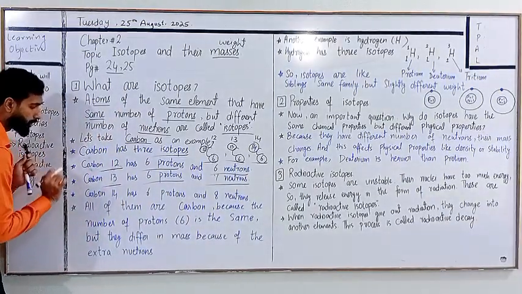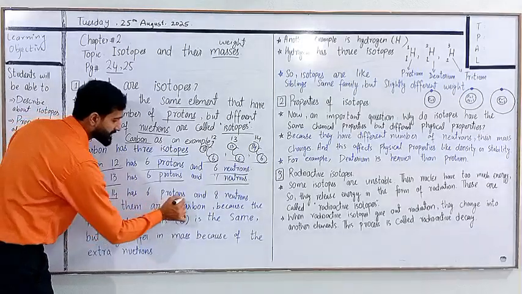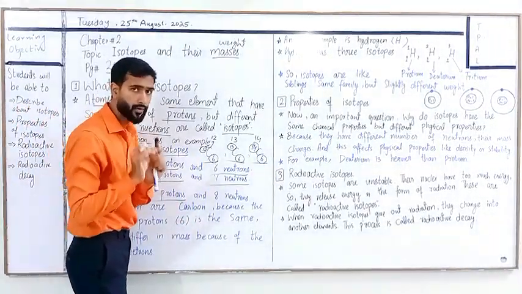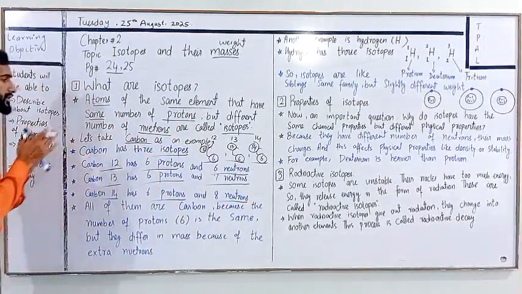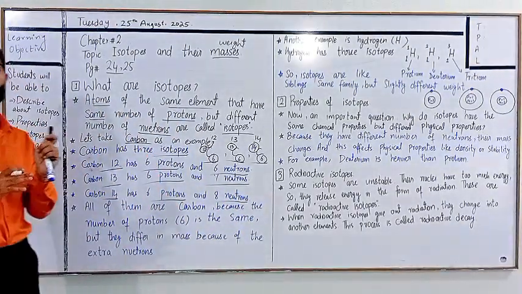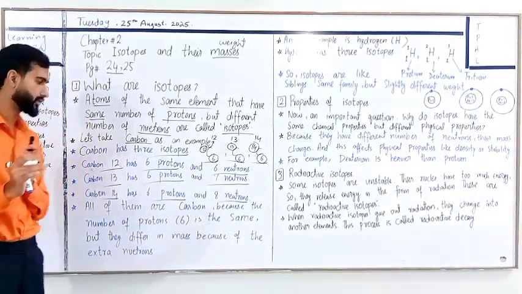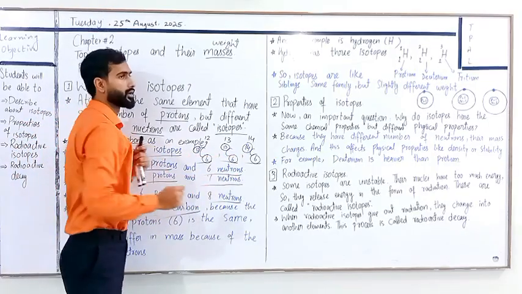Lastly, the last isotope of carbon is carbon 14. Carbon 14 has 6 protons again, but the number of neutrons is changed here. They have 8 neutrons. So in this way, isotopes of the same element are slightly different from each other: carbon 12, carbon 13 and carbon 14.